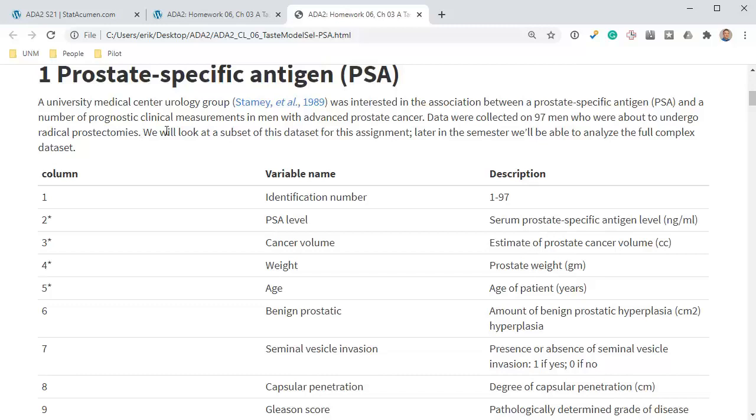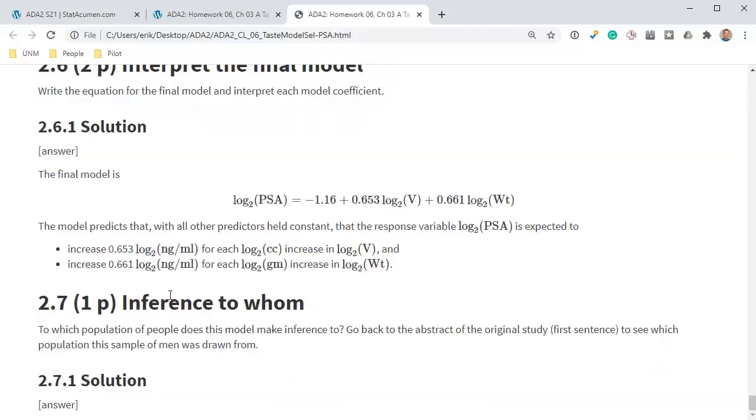That's basically it. I don't think this really applies to the general population of men. It doesn't apply to young men, and this really applies to fairly extreme cases, because they were going to have surgeries to remove their prostate. So that's what I would say for inference to whom.